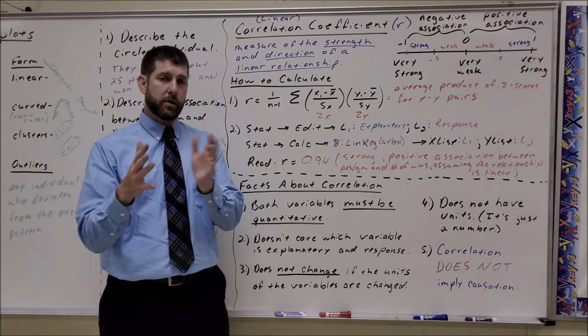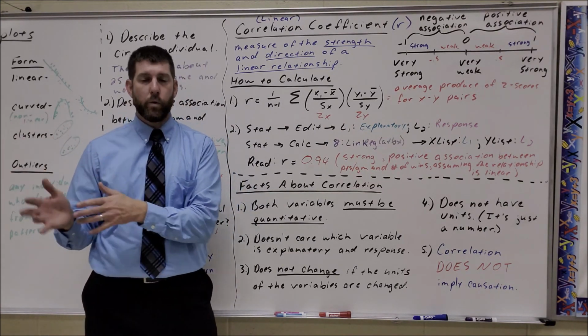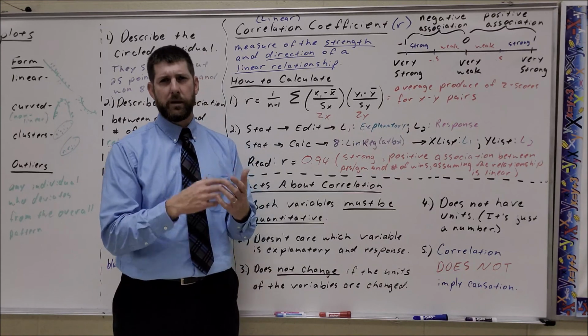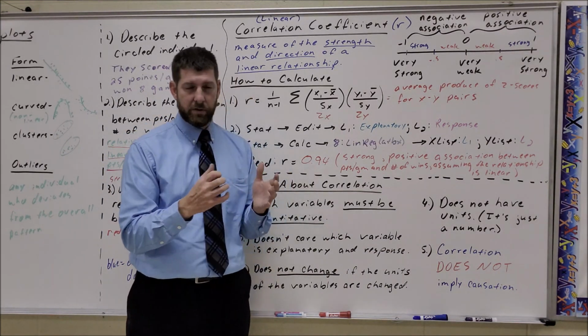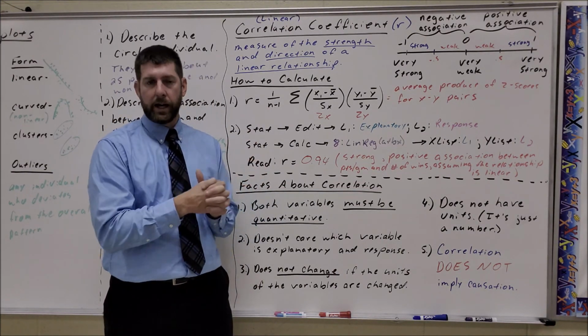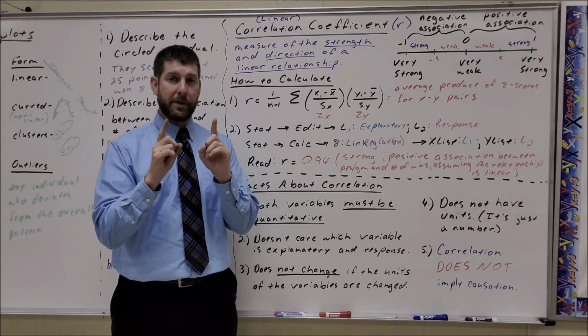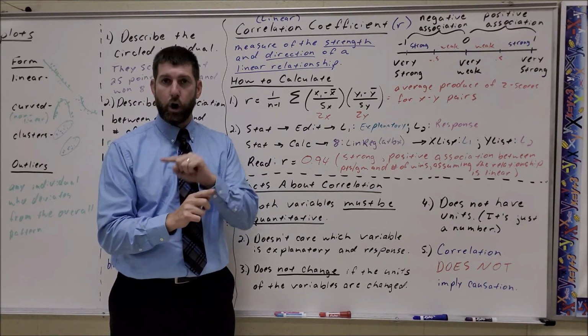Now, we may be able to do other things and come to the conclusion that points per game was causal, but we'd have to go through a lot more analysis, and we may even have to set up a controlled experiment, which would be very difficult because there are a lot of other variables that we're not looking at. So just because two things happen at the same time does not mean that one causes the other.